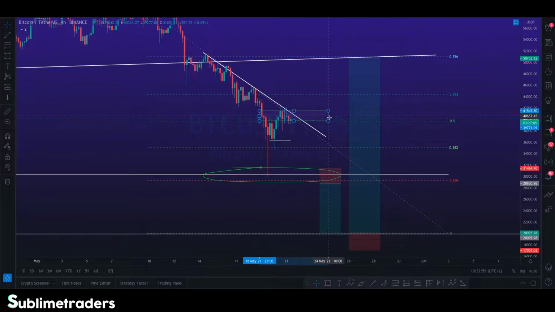However, I think that this is not the case for now. I really think that the price will revert and will continue down, something like this, or even let's say it will try to break with the wick and then come back down violently.